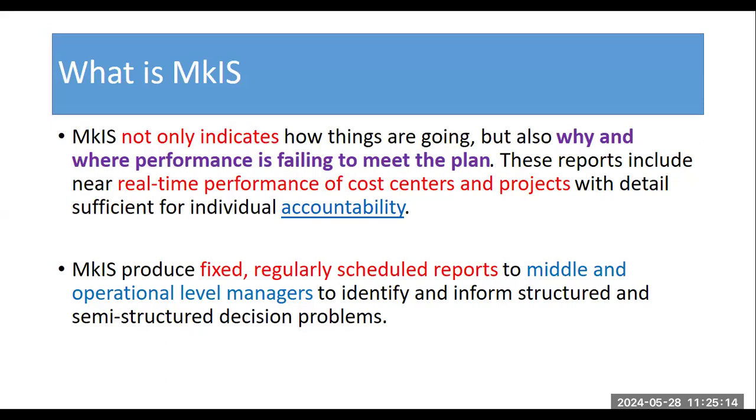And the system can detect why and where performance is failing. Sometimes, according to the regional analysis, the system highlights the sales in some region, in the northern, eastern or southern region.